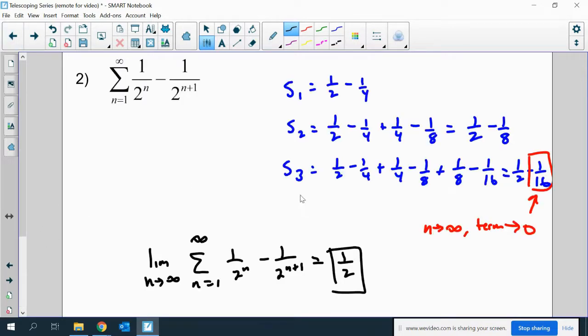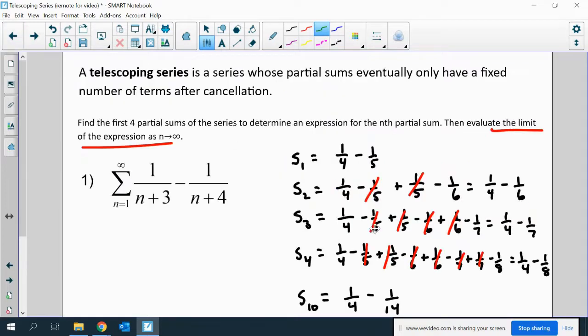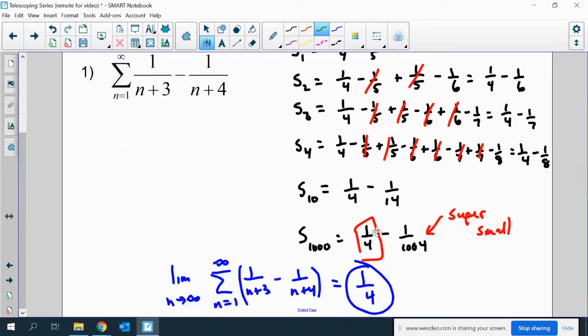Now, maybe I should have written it a little bit more explicitly here. So what is s sub n in this problem? It would be 1/2 minus 1 over 2 to the n plus 1. And then in this problem, s sub n is 1/4 minus 1 over n plus 4.